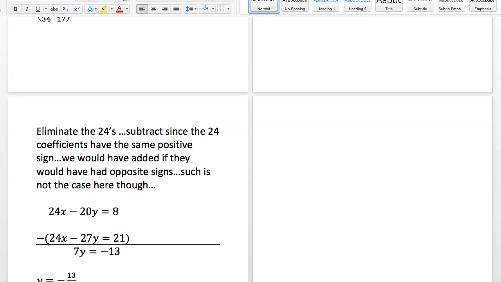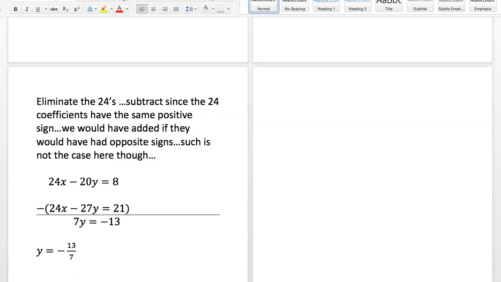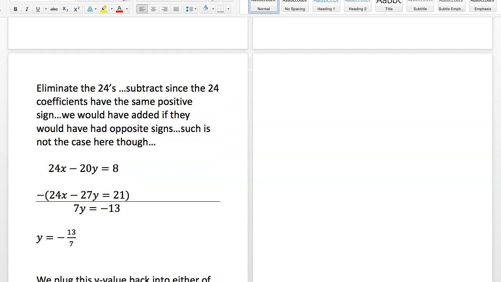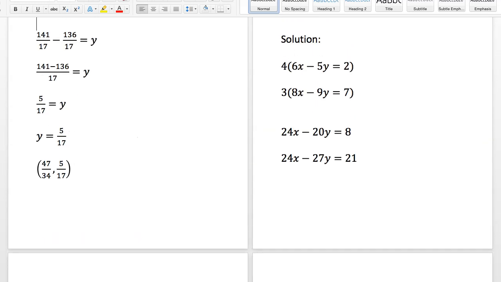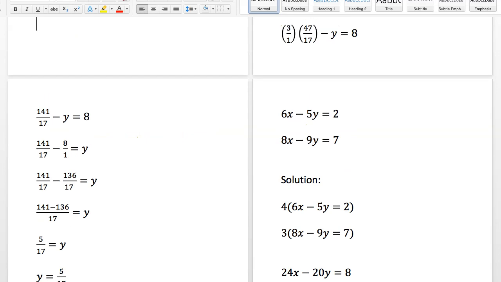Now again, we plug this y value back into either one of the original equations. Guys, it's just whichever one you're in the mood for.